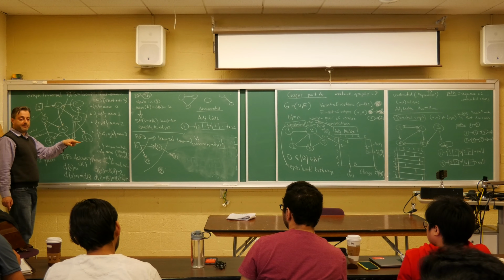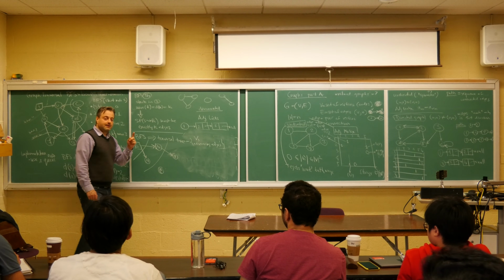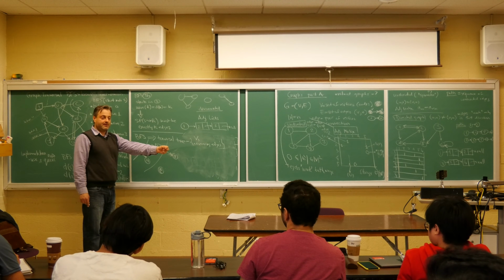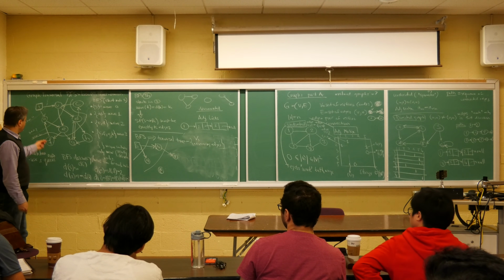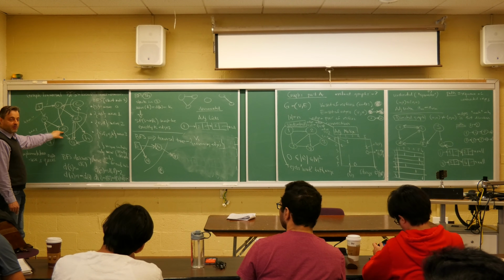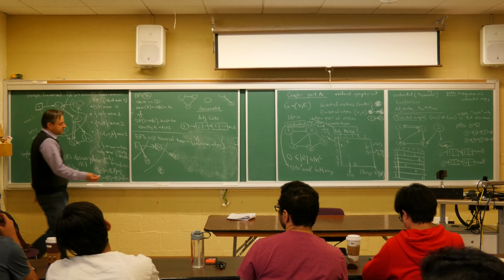Do I put both of them in my BFS tree or just one? Which one do I put? The one that the algorithm actually used to discover E. So that depends on how you implement it, right? Because you have a queue implementation and whatever edge tells you, okay, there's this node E in wave 2, maybe starting from A, then we put that one. If it starts from B, maybe it's from B.